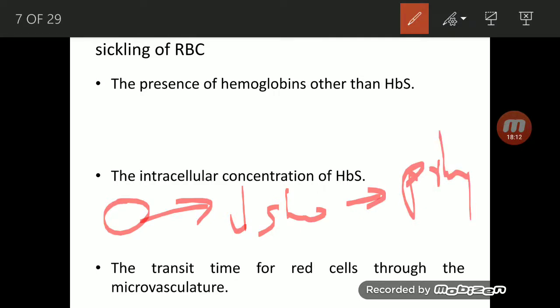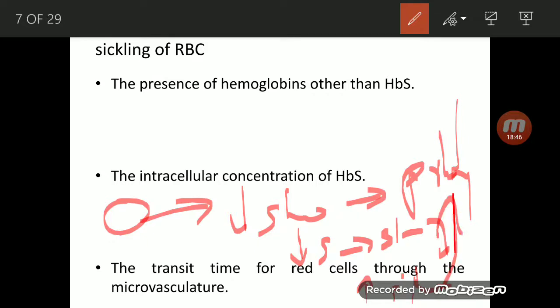But whenever your flow of blood is very slow or sluggish, it increases sickling of your RBC. So if your transit time is normal, polymerization is going to be less, because it does not favor polymerization. Whereas if your blood moves very slowly or sluggishly through the microvasculature, it is going to increase polymerization.